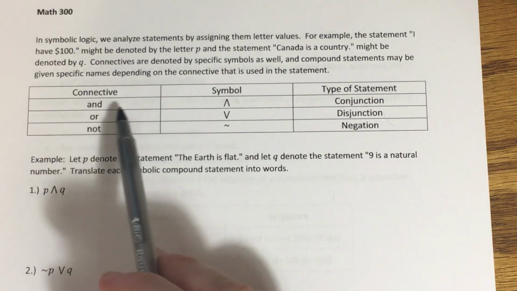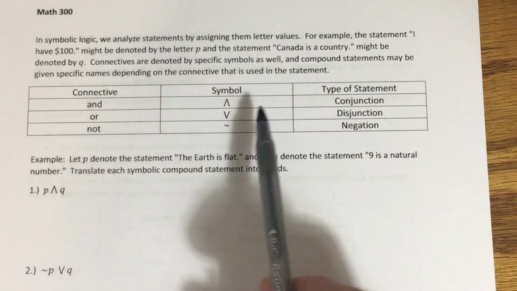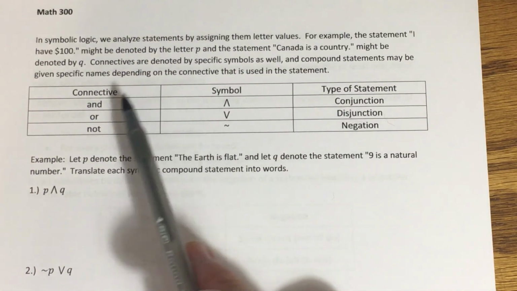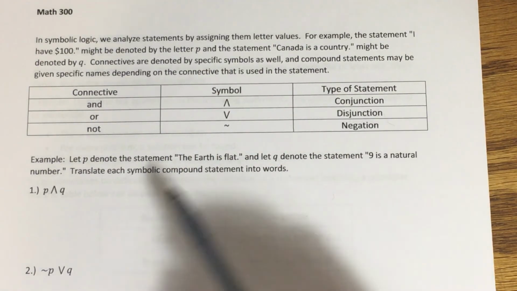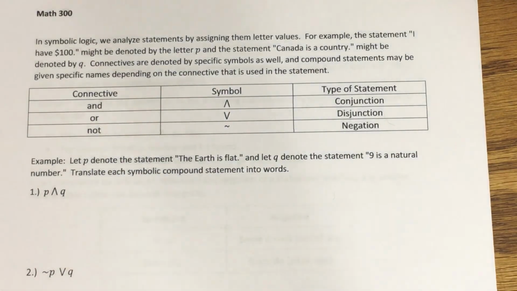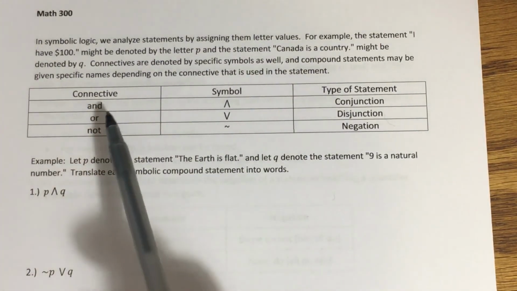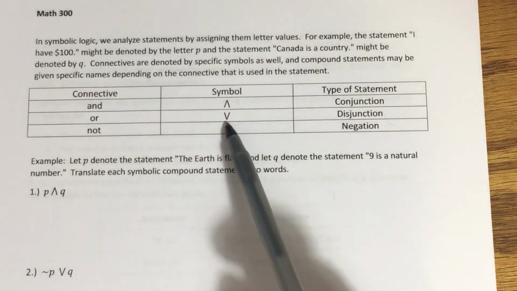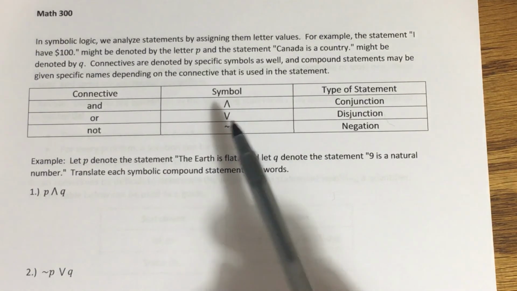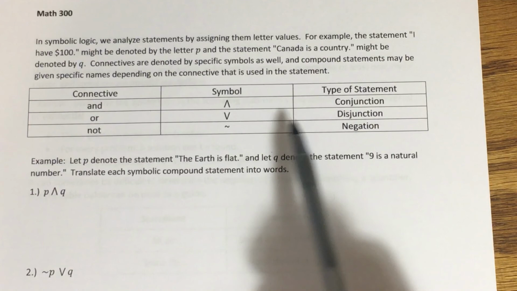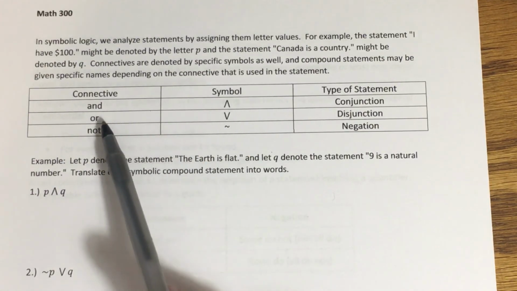In a compound statement involving the word "and," in symbolic form, we use this, it looks like an arrow pointing up, and we call statements involving the word "and" a conjunction. That's the name of that type of compound statement. If a statement involves the word "or," we'll use this downward pointing arrow. It looks like a capital letter V, and we call that a disjunction. That's the name of a compound statement involving the word "or."